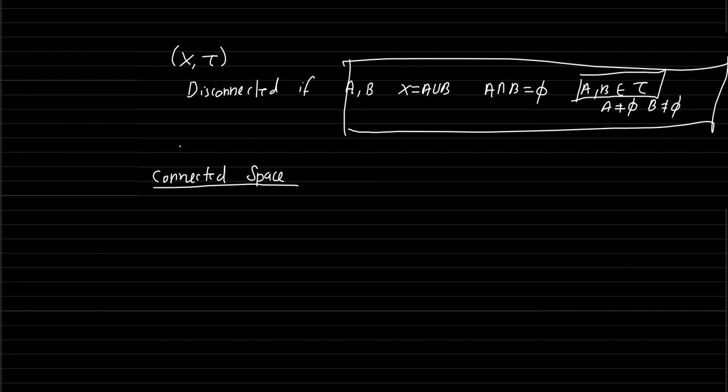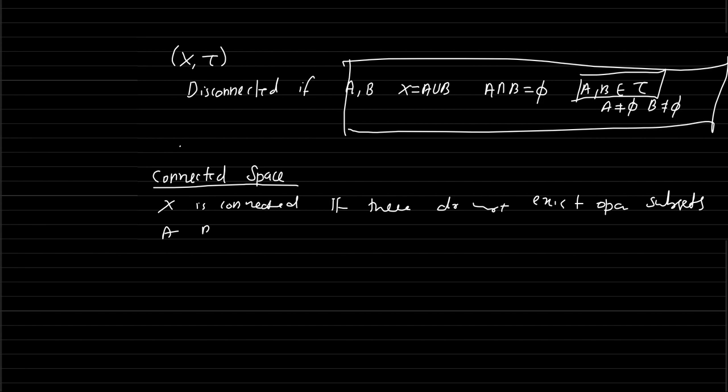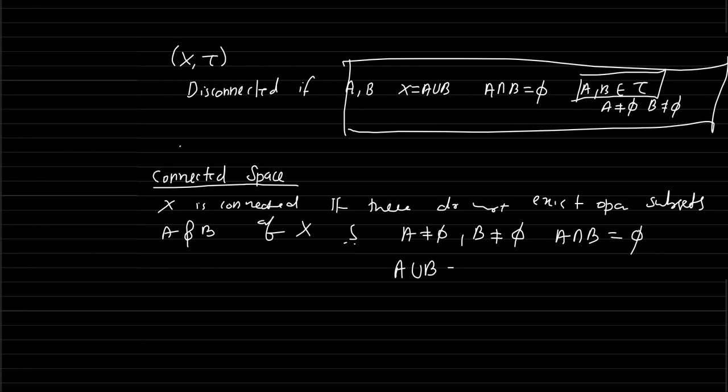So X is connected if there do not exist open subsets A and B of X such that A not equal to phi, B not equal to phi, A intersection B equal to phi, and A union B equal to X.